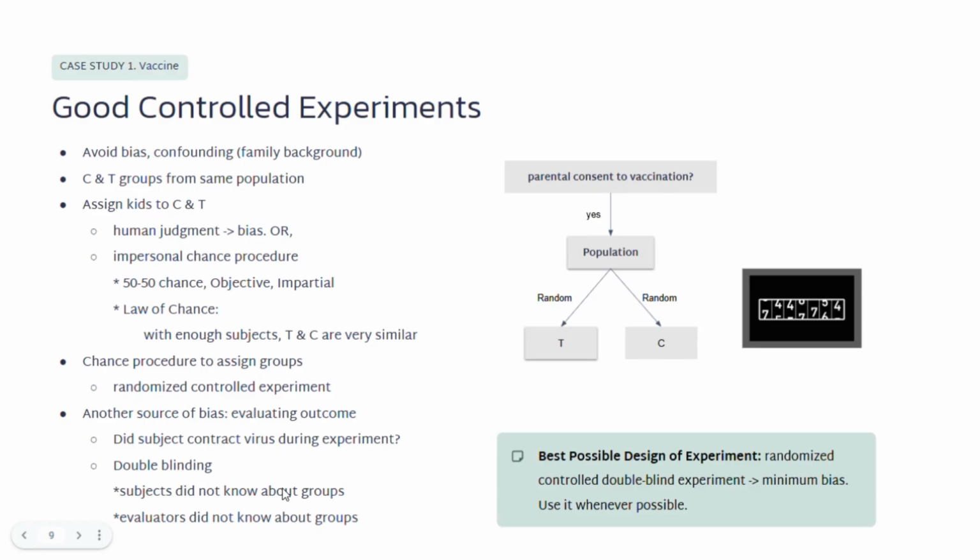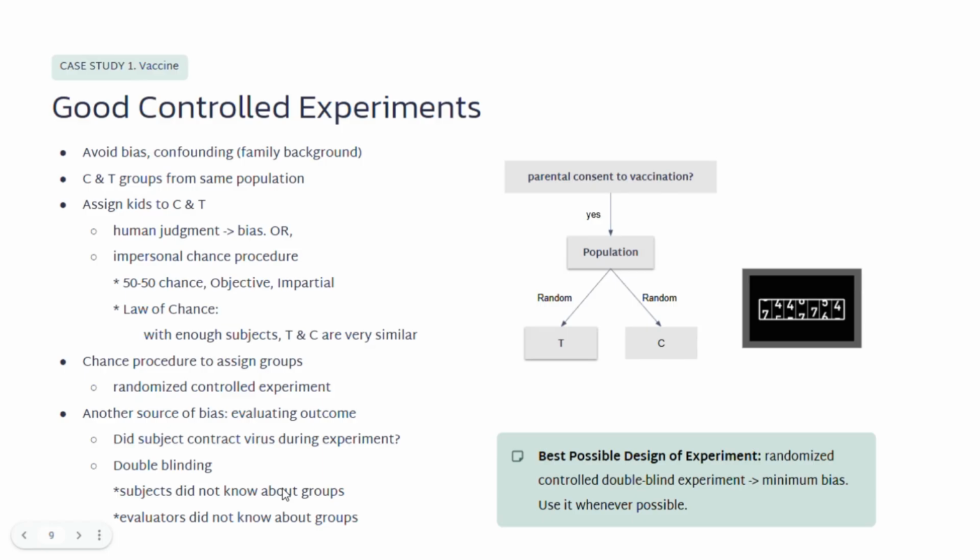The point is that if the doctors knew whether the subject got the vaccine or not, if they were aware of it, it most likely affects their diagnostics, their judgment of whether the vaccine was effective or not. It affects their measurement of the impact.